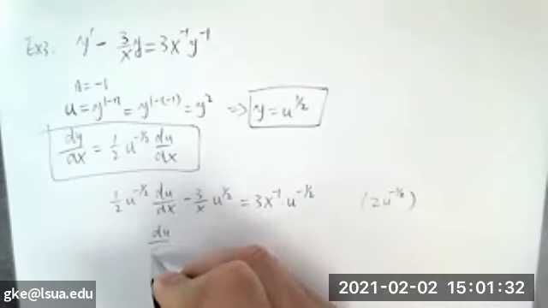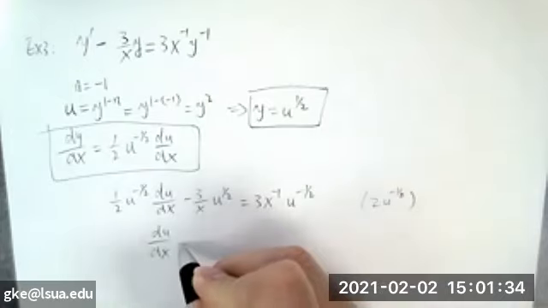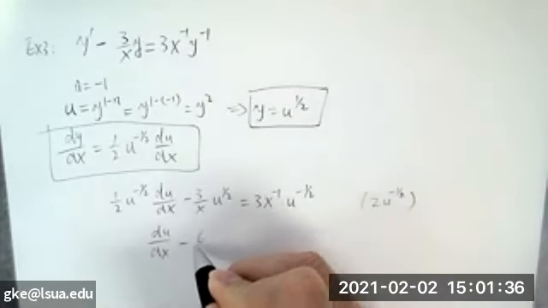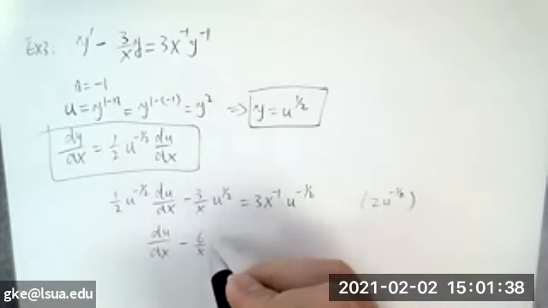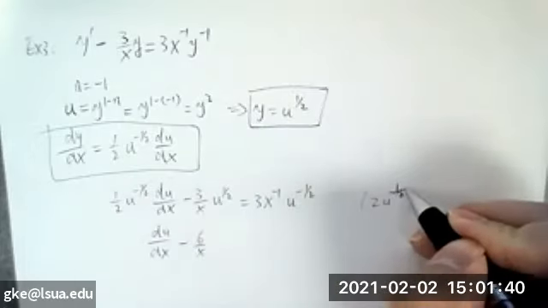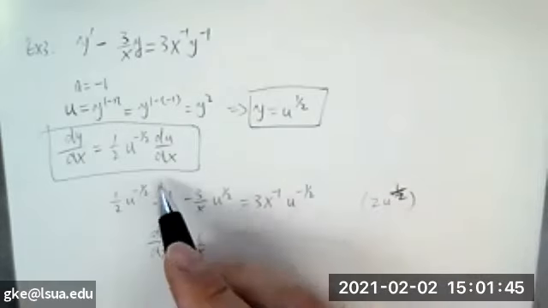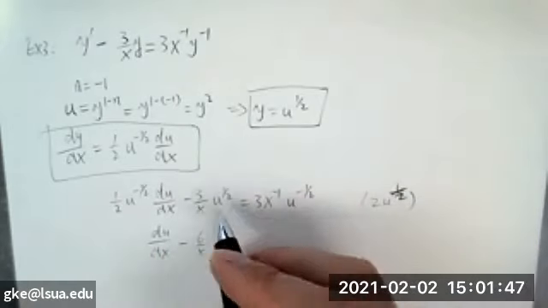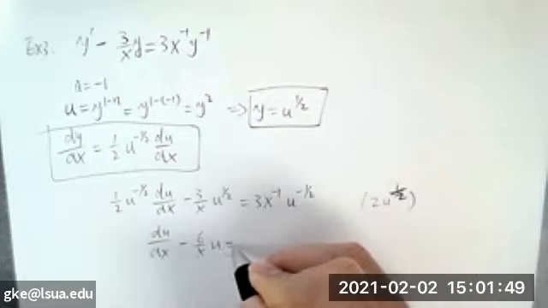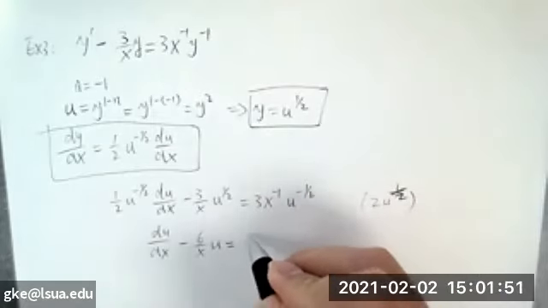So we times the positive, here's a negative, so times the positive.